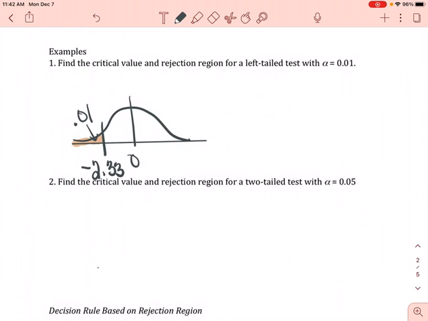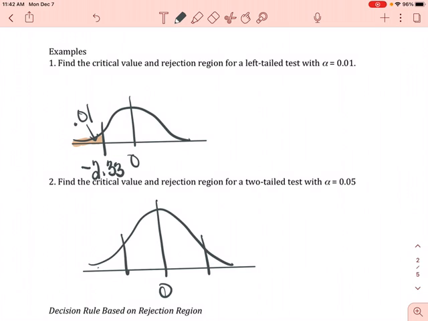Okay, let's try the next one. We're going to find the critical value for the rejection region for a 2-tail test. Draw our picture. We're going to have a Z and a negative Z. Basically, we split alpha in half and that becomes 0.025.